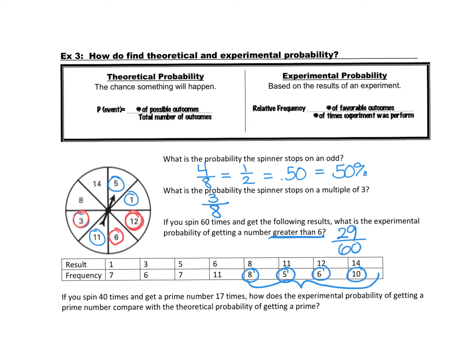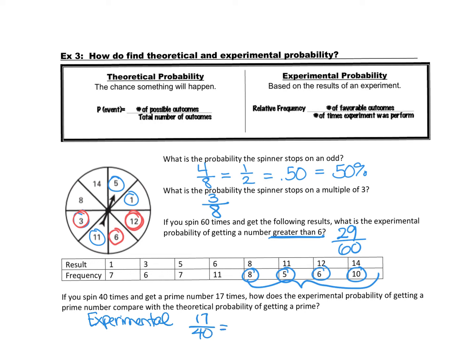And for our last question, it says if you spin 40 times and get a prime number 17 times, how does the experimental probability of getting a prime number compare to the theoretical probability of getting a prime number? So our experimental probability was 17 out of 40.